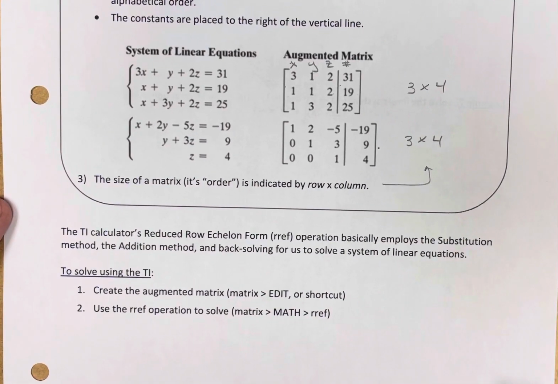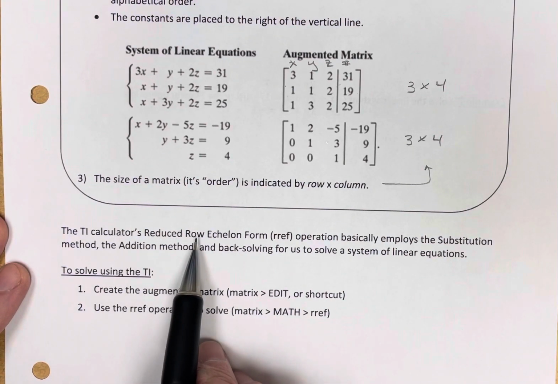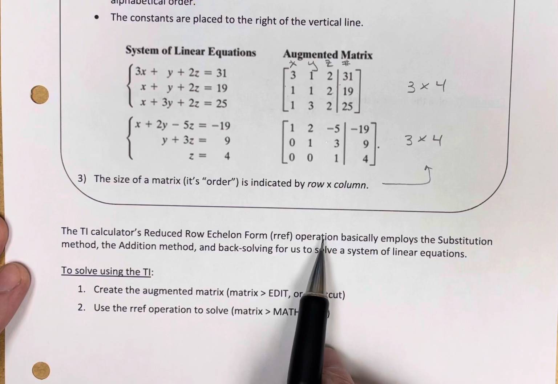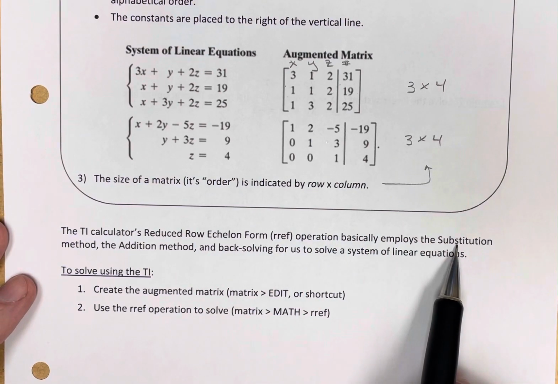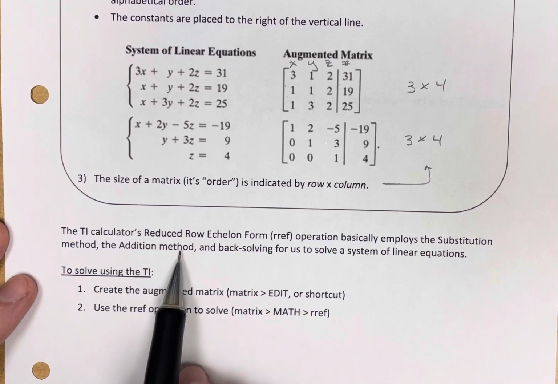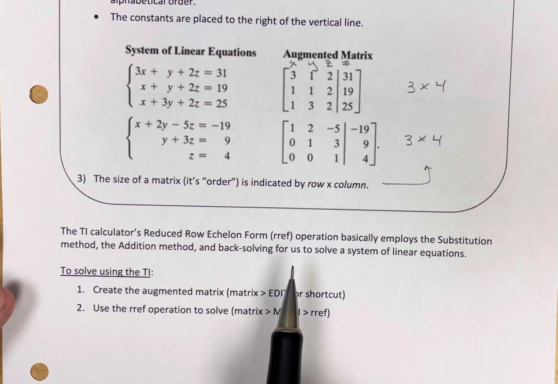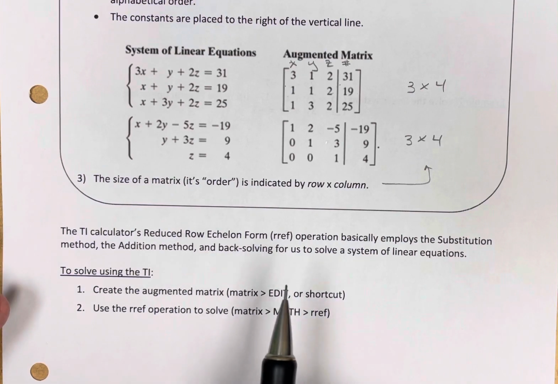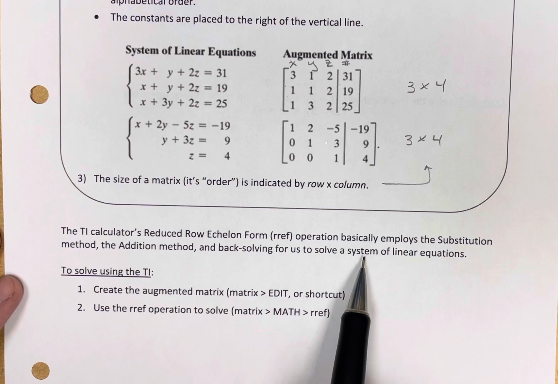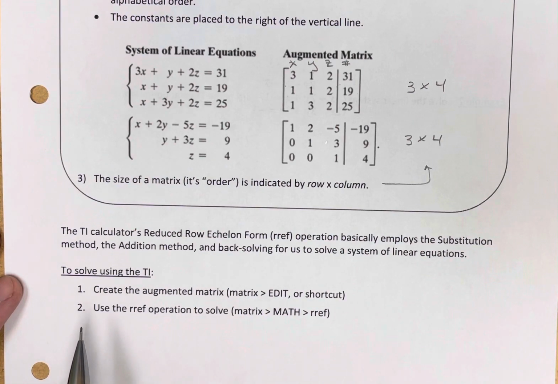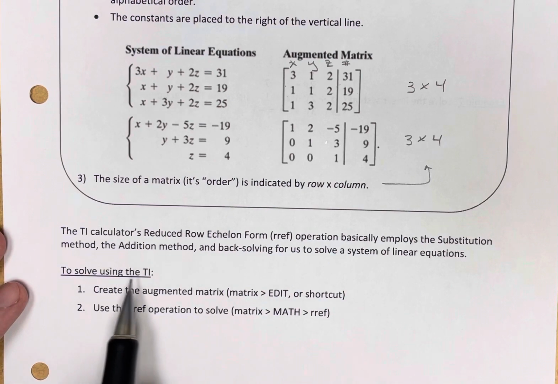So the TI calculator's Reduced Row Echelon Form operation basically uses the substitution method, the addition method, and back solving for us. It does the math behind the scenes in the software, and then it pops out the answer to a system of linear equations. Absolutely awesome. How do we do this?